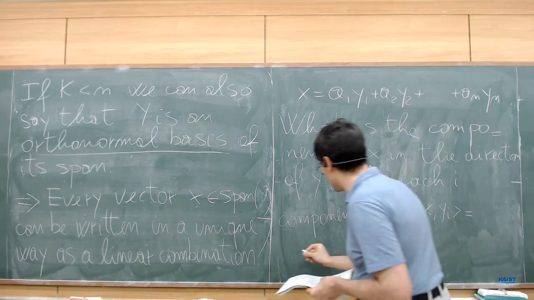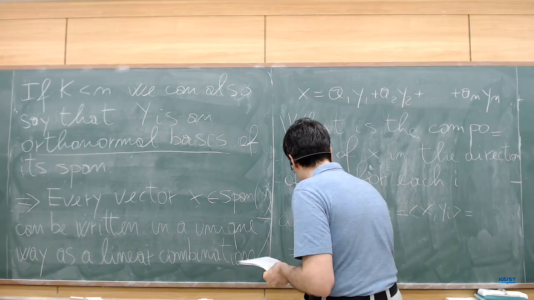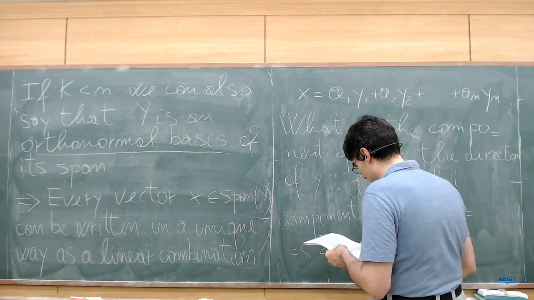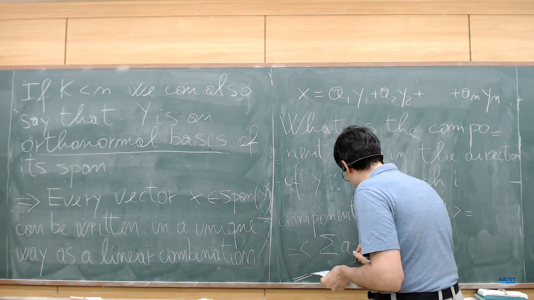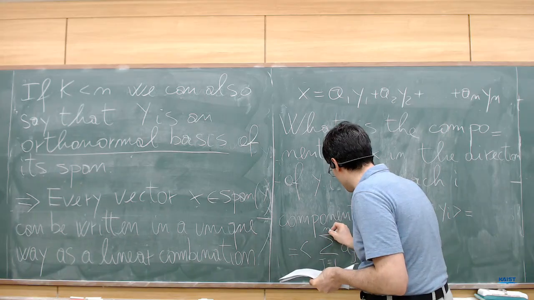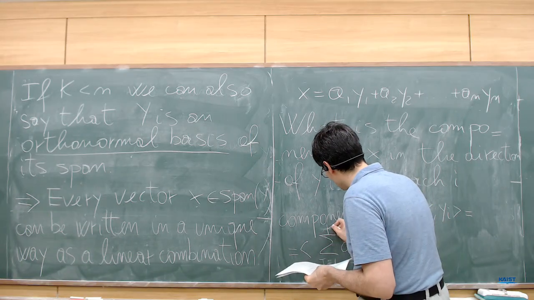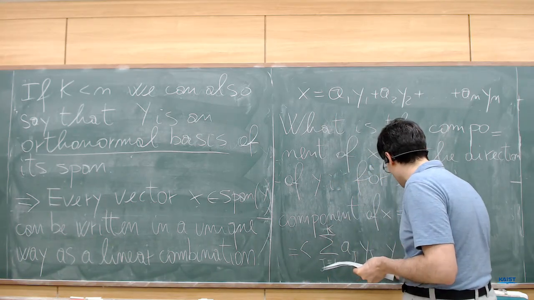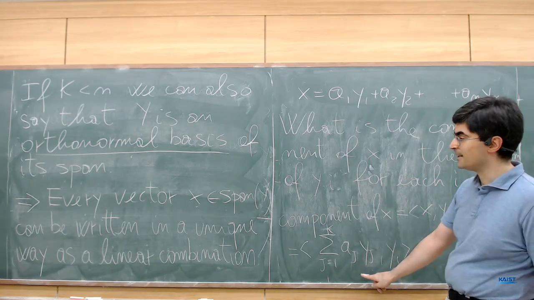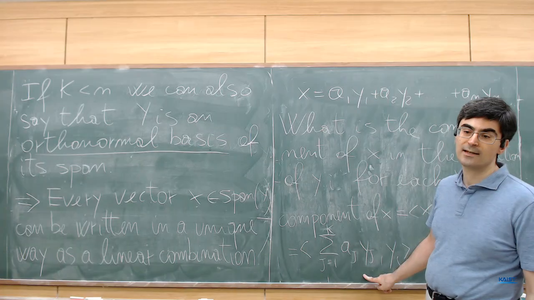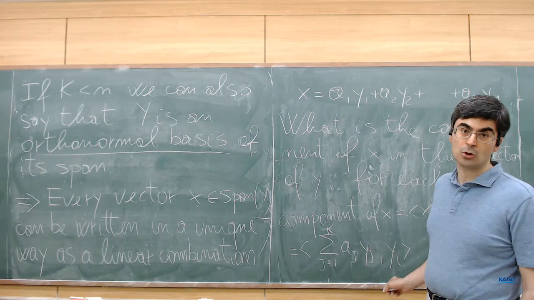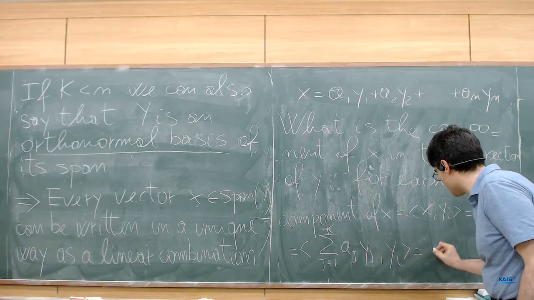This is equal to the inner product of the sum of aj yj, with j running from 1 to k, multiplied by yi. Using multilinearity and the fact that the vectors we are considering form an orthonormal collection, we get just ai.